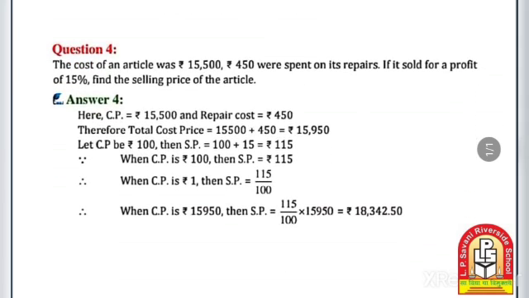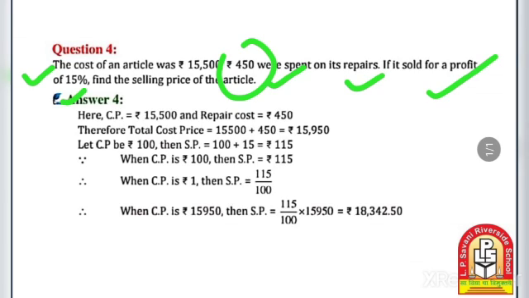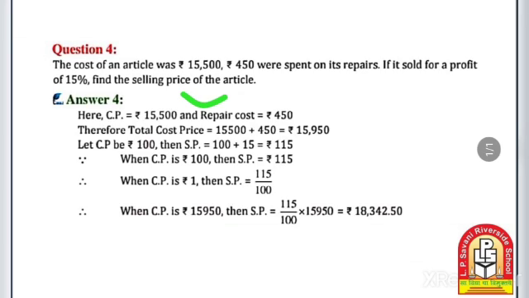Question number 4. In this question, the cost price of an article was 15,500, and rupees 450 were spent on its repair. If it is sold for a profit of 15%, find the selling price of the article.